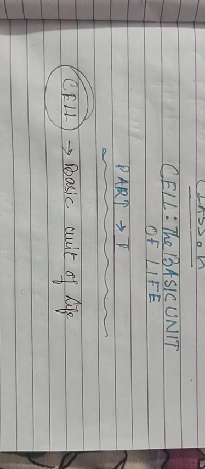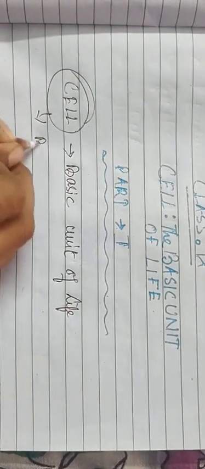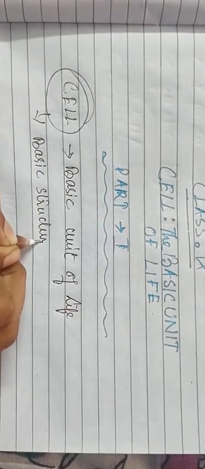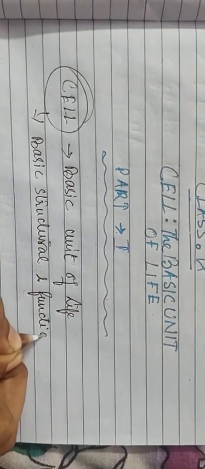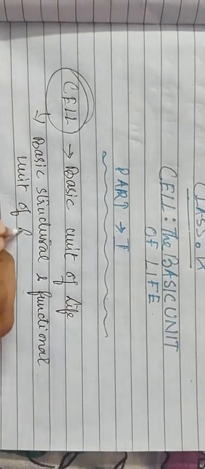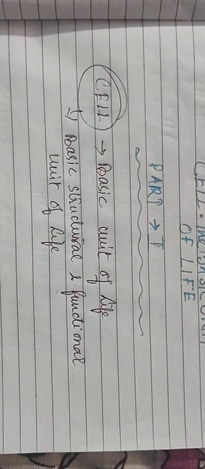Clear? So next, you can also say the cell is called the basic structural and functional unit of life. What is the meaning of basic structural and basic functional?